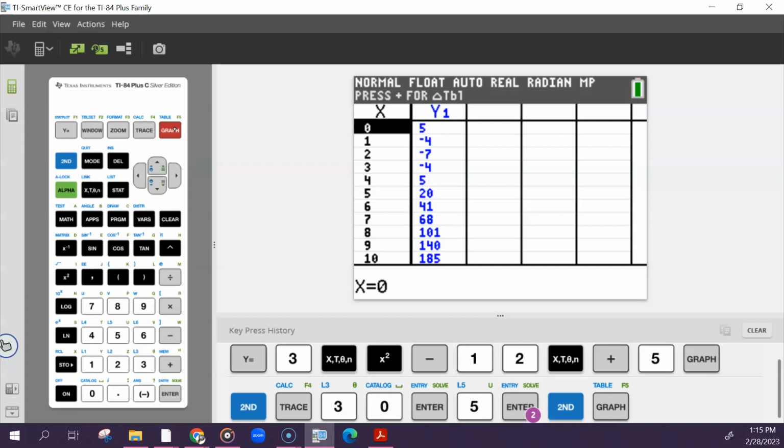If I scroll up, I should see 20 and 41 and 68 and 101. Okay. So your y values repeat. You need to find where they stop repeating in the middle. So they stop repeating at 2, -7. So if you did it by the table, you would just say found in the table.